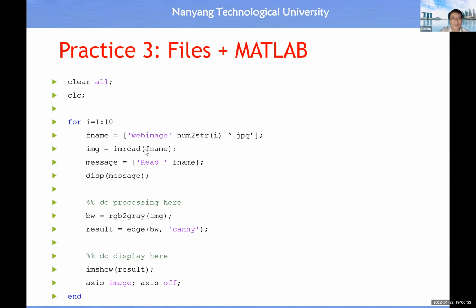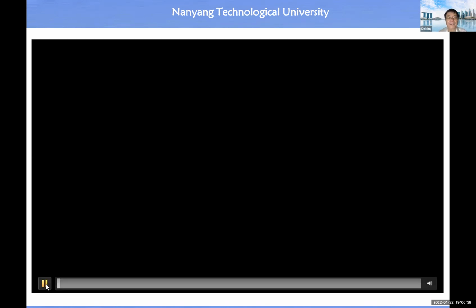All right. So once your name is ready, you see, imread just loads in the image, and you do whatever you want. All right. So this is a small demonstration.